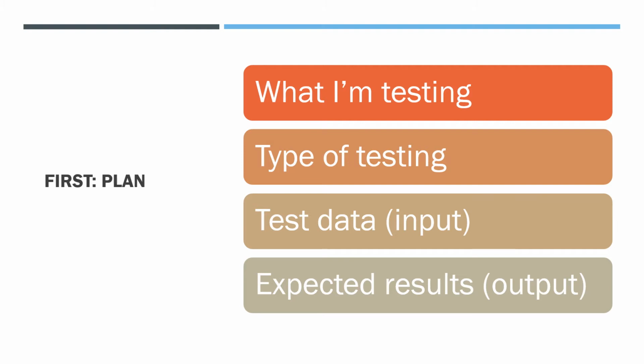The actual test data that you're going to input, or sometimes it will be clicking on a button or something like that, but exactly what you're going to do. We call it test data. And the expected results, so what output you expect to result from that input.